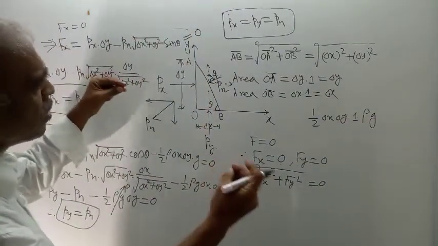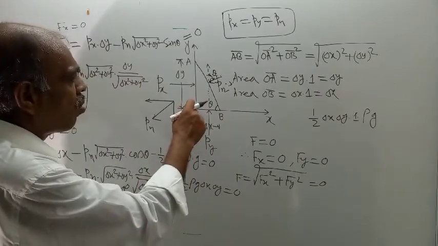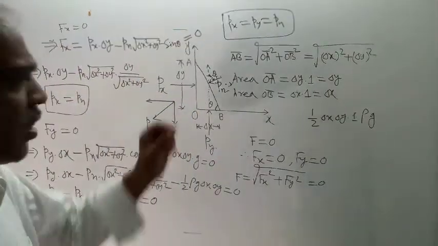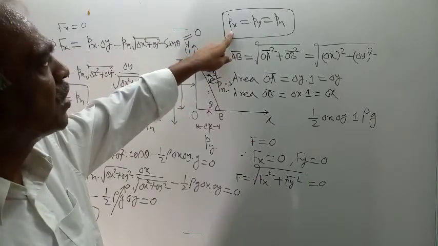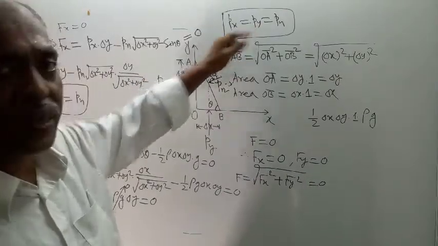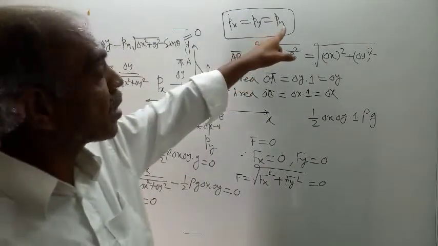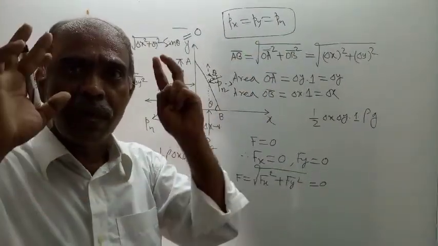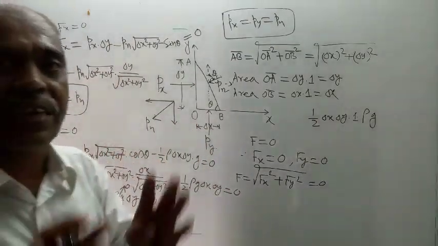When the size of the fluid element shrinks to 0, that means the fluid element comes to the point O, that is the origin. Here you can see the direction of Px is fixed, horizontal, and the direction of Py is vertical, perpendicular to x, but the direction of n is not fixed. The direction of n depends upon the values of delta x and delta y.